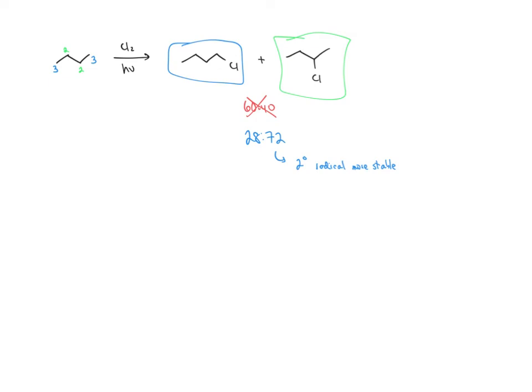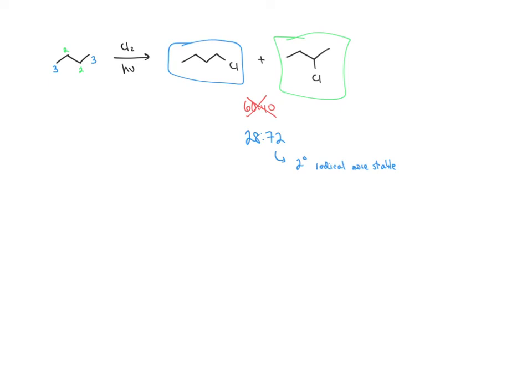The energy barrier to get to a secondary radical is much lower. So the rate of abstraction of a hydrogen atom at the secondary center is actually 3.9 times faster than at a primary center. And a tertiary radical is even more stable than a secondary radical. It's going to form 5.2 times faster than at a primary center. And so the selectivities are going to be very different than what you might expect statistically.